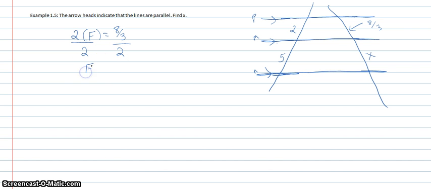So f equals, now when I divide by 2, it's the same as multiplying by 1/2, so it would be 8/6, and then if we simplify, that would be 4/3. So I'm going to multiply 4/3 times 5.